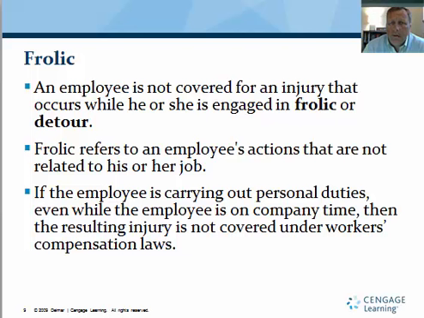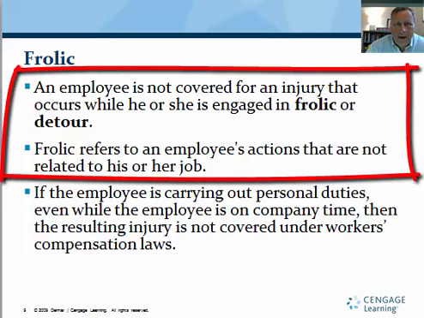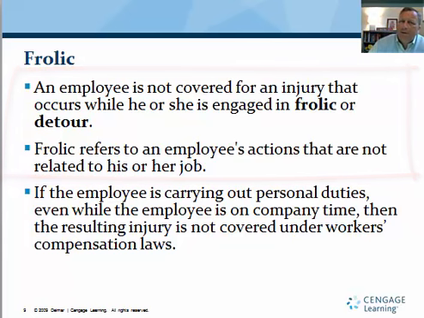Let's look at some more exceptions and the concepts of frolic and detour. And let's take that same example. You're sent to Raleigh to stay at a hotel and go to some continuing professional education. In the morning, you get up and you're headed to where the training is going to take place, but you decide you want to go see your sister who lives about a half an hour out of the way. Instead of going directly to the training center, you take that half an hour detour.